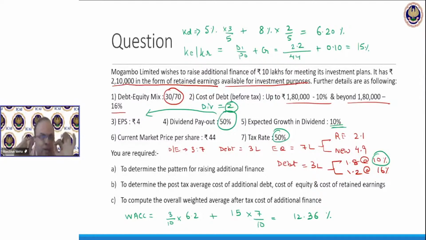So we're looking at it from that perspective. That part we have to do and multiply that with the weightage of 3:2. So Bhumika, just apply that weight first at the cost of debt and then normal WACC because your weightage is given 3:7. There is no confusion in that.